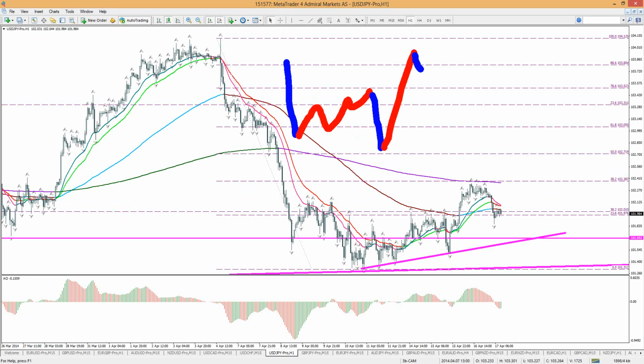So I'm just looking at all those impulses and corrections, gluing them together, labeling them and looking for patterns, and thereby trying to understand if the next leg could be impulse or correction. That's why I try to keep it simple for myself, and that's why I also use a lot of tools besides waves, because it's just an estimate for me.